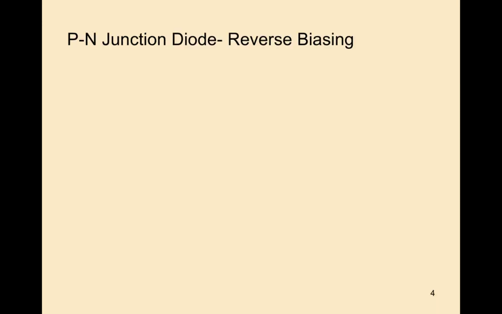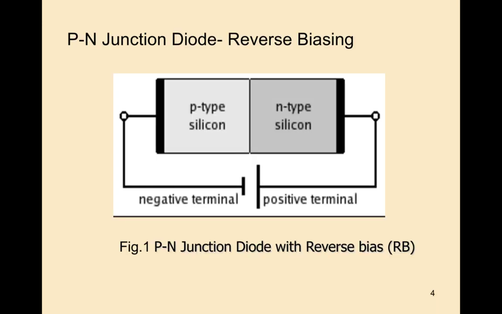In forward biased mode we connect the battery positive terminal to the p-type semiconductor and the battery negative terminal to the n-type semiconductor. That connection we call the forward biasing condition. But in reverse biasing mode, the battery negative terminal is connected to the p-type semiconductor, and the battery positive terminal is connected to the n-type semiconductor.